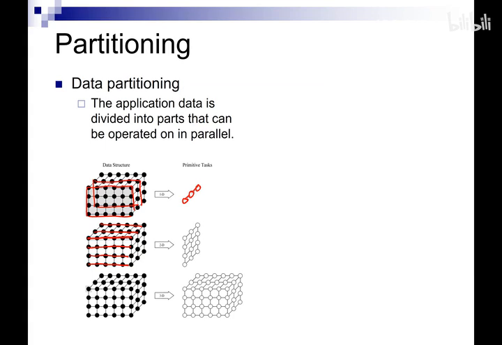So in data partitioning, you start with all of your computations, and then you decide how to combine them into these primitive tasks. If you combine a lot of data, you get something like this 1D partitioning. Or if you combine just small bits of data, you get the 2D or the 3D partitioning.